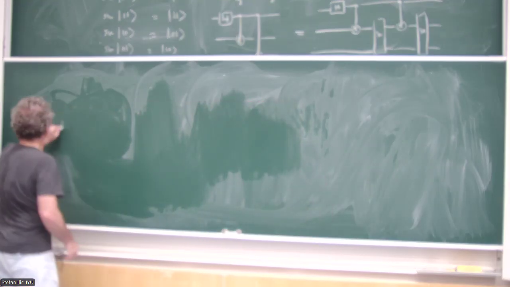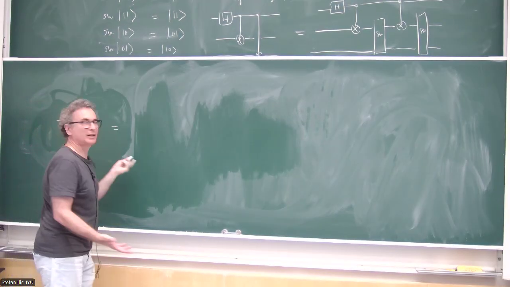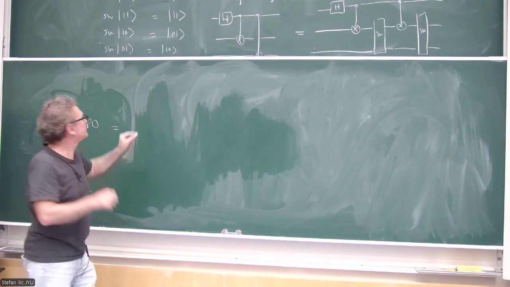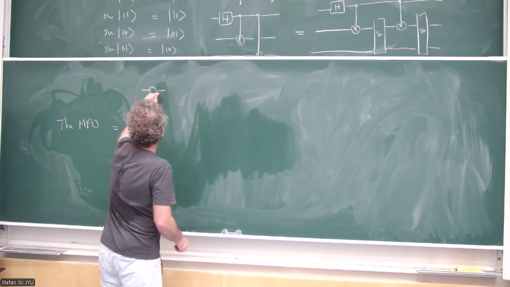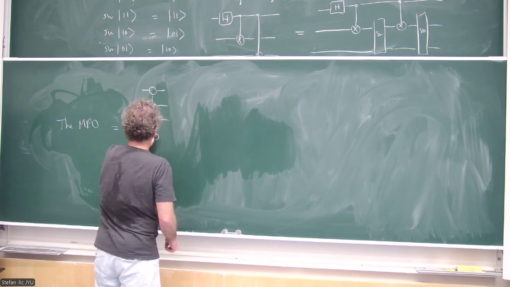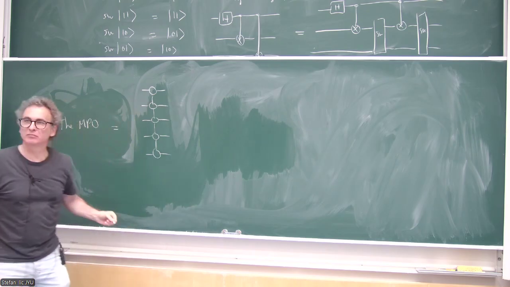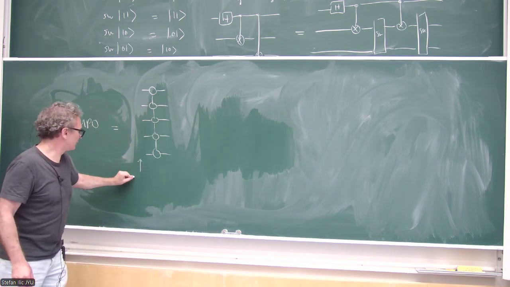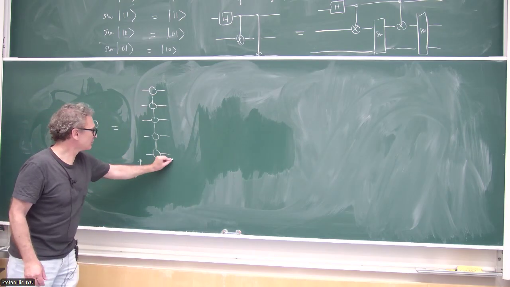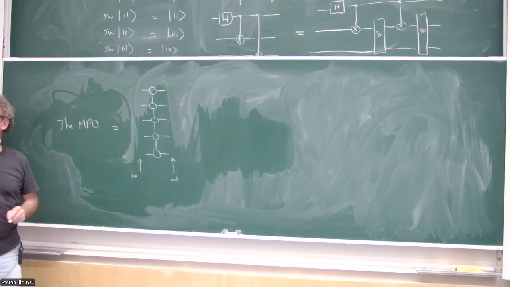So the MPO, well, it's like an MPS, except it has input legs and output legs. So this would be the input, and this would be the output.